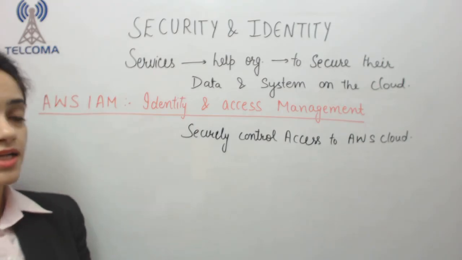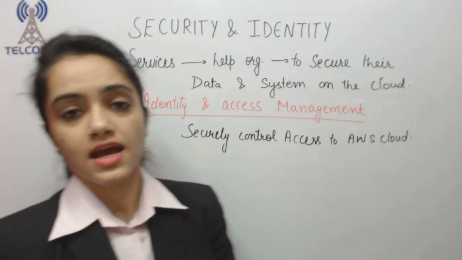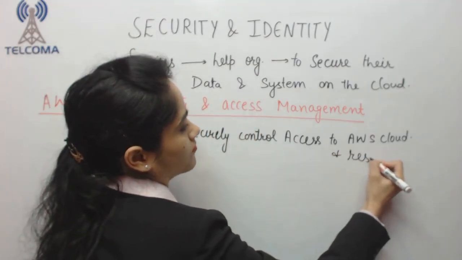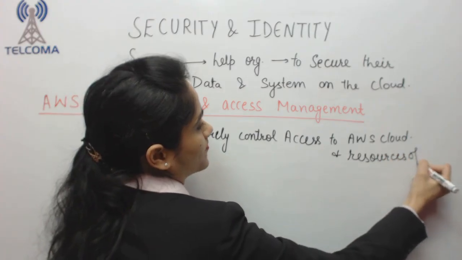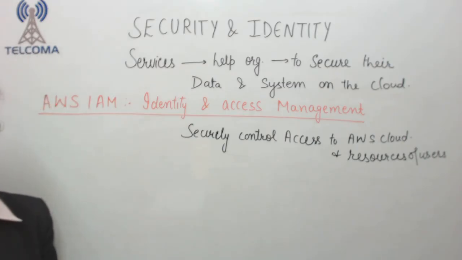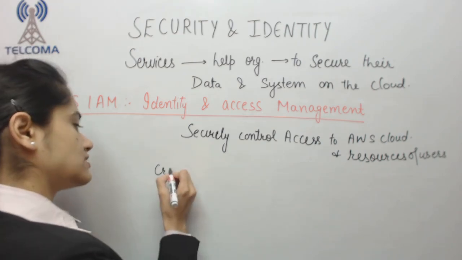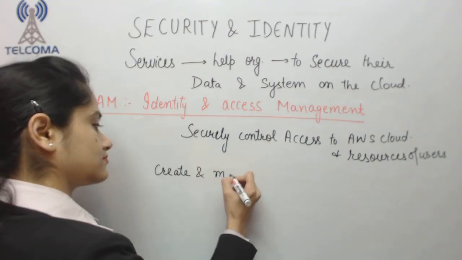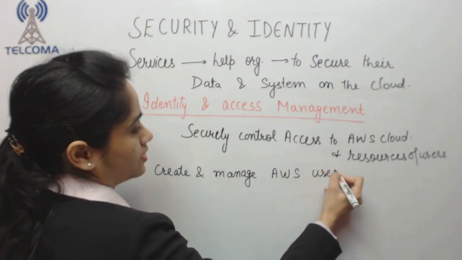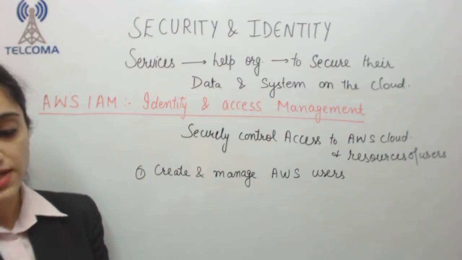That means Identity and Access Management basically controls access to the AWS cloud services and resources for its users. Using this, we can create and manage AWS users as well as groups.